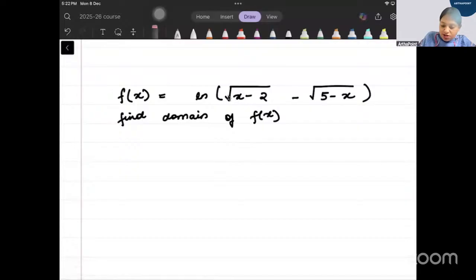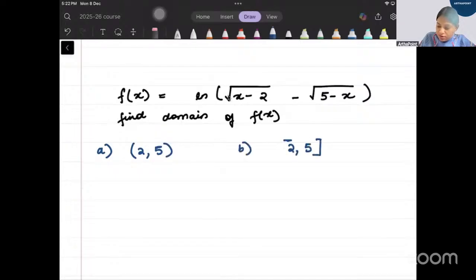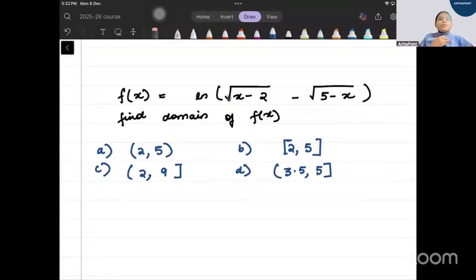The options that you have are 2 to 5, 2 to 9, 3.5 to 5. Give it a try. Find the domain of the function.